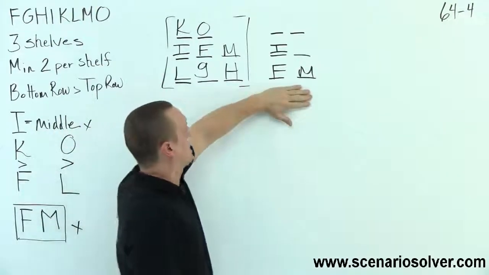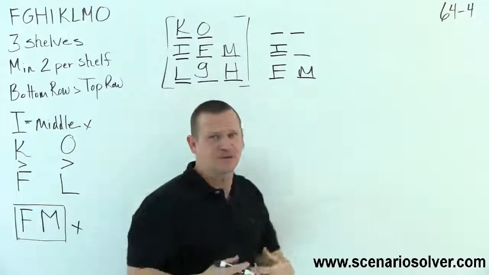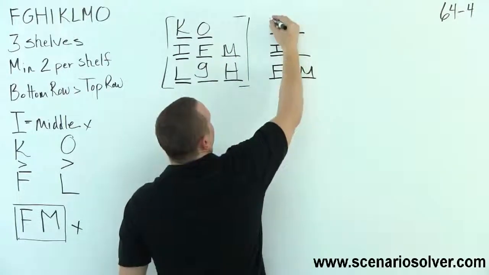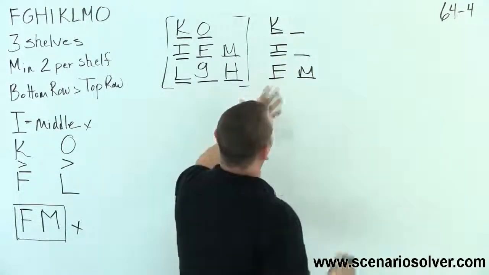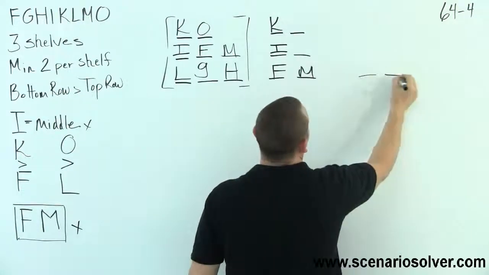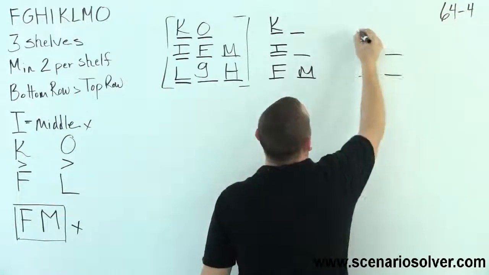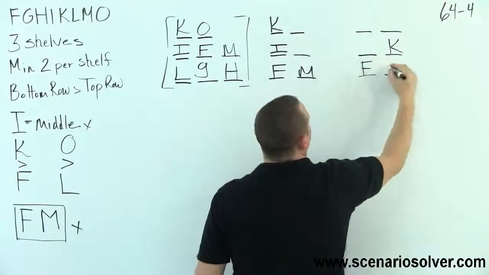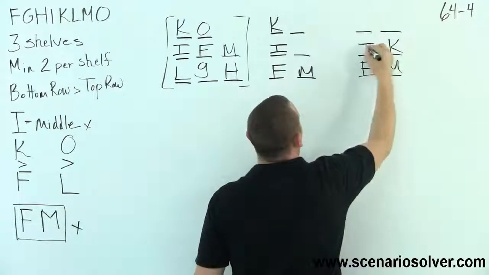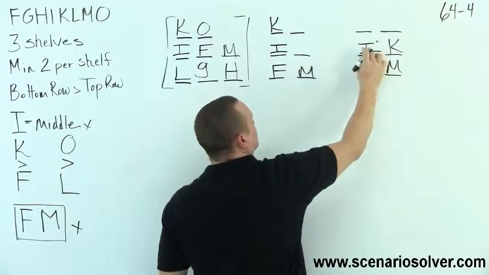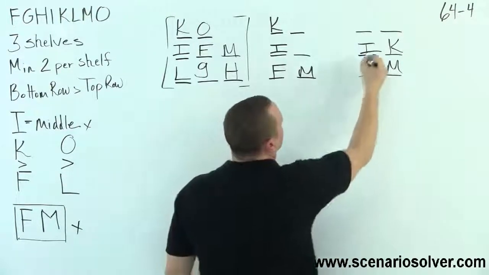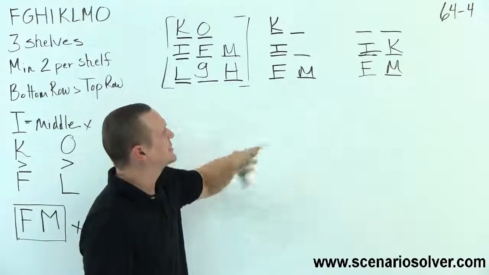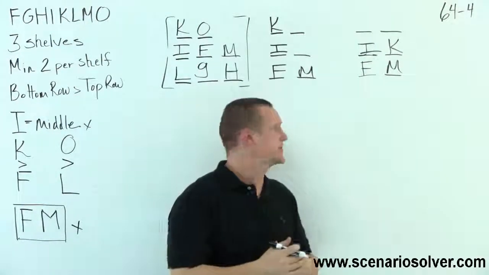But let's take a look at what can happen here. If we consider what's happening with K, right? K has to be greater than F. So if we place K here, then there's one other thing that can happen with K. Okay, that is, we have exhausted everything that K can do in this situation.